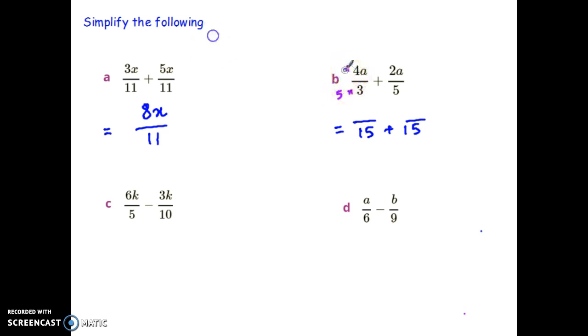If I do it to the bottom, also do it to the top. 5 times 4a is 20a. I've multiplied my 5 here by 3, also have to do it to the top. 3 times 2a is 6a. Once I have a common denominator, keep that and combine our fractions. 20a plus 6a is 26a.